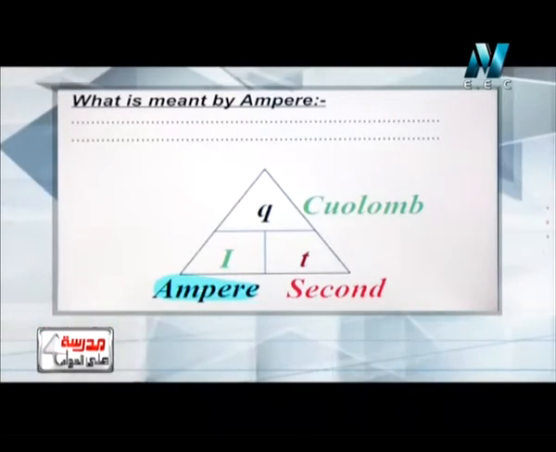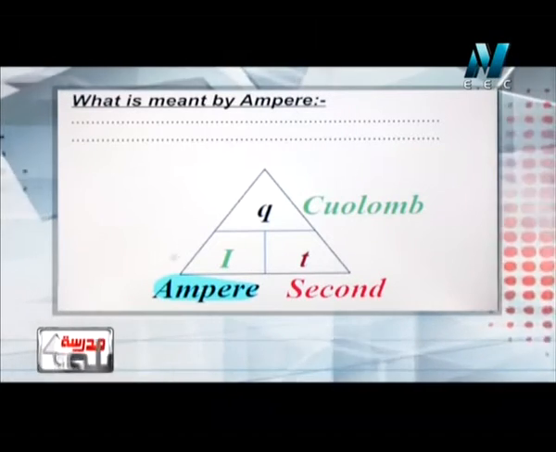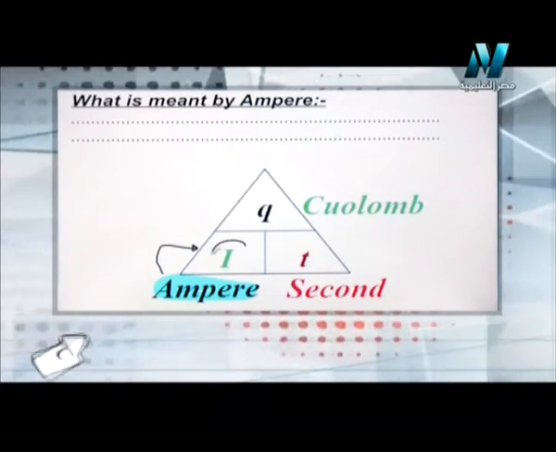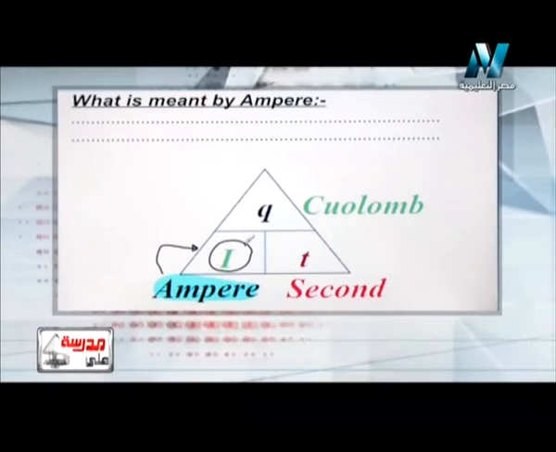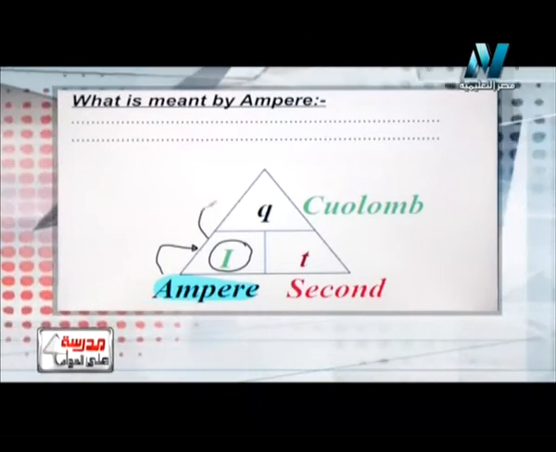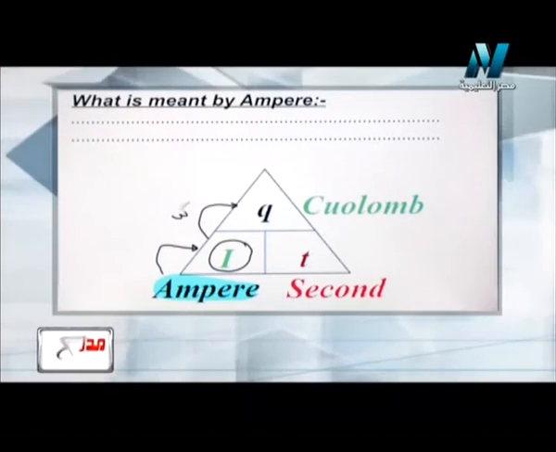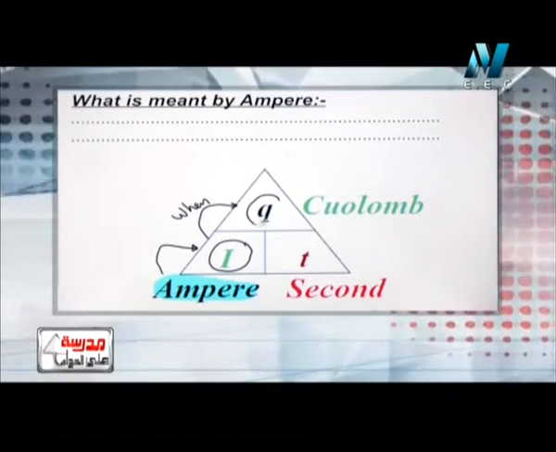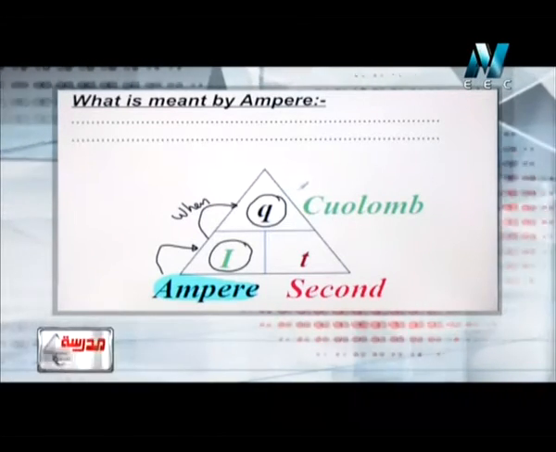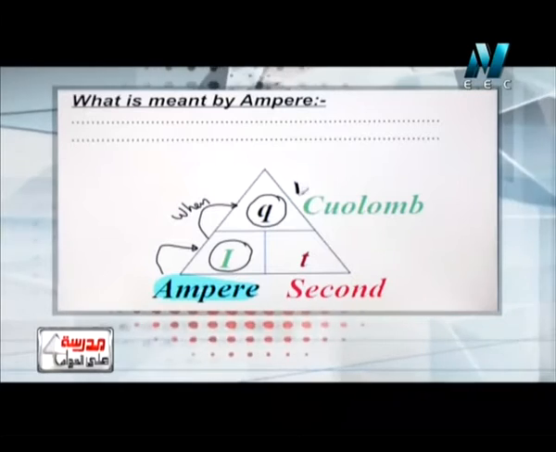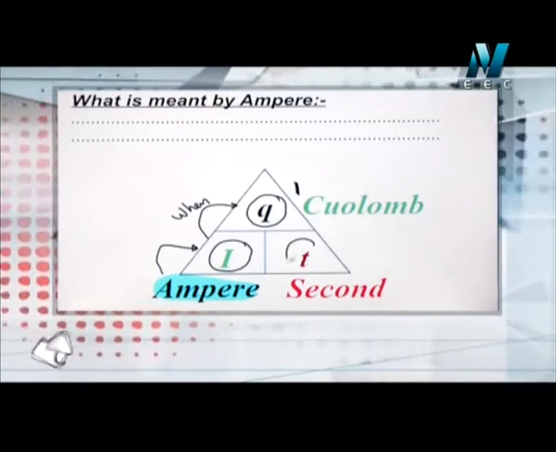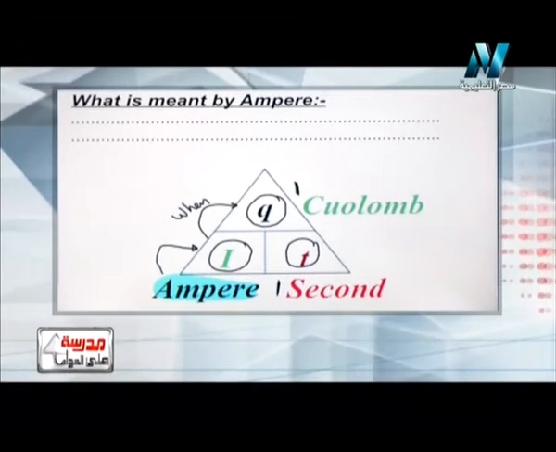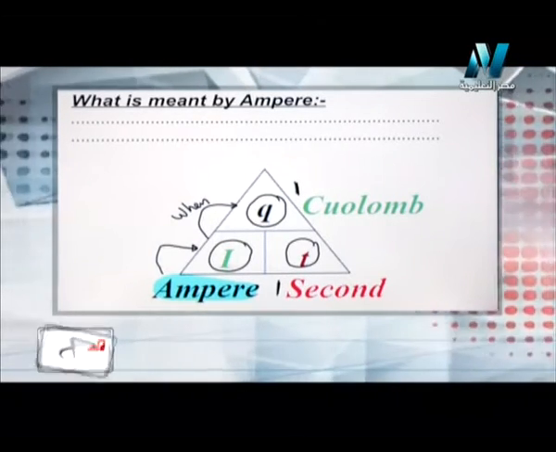So ampere, what is it? I tell him from the triangle: it is the electric current intensity when the quantity of charge equals 1 coulomb and time equals 1 second. Shall we say it again? When he asks what is meant by ampere?